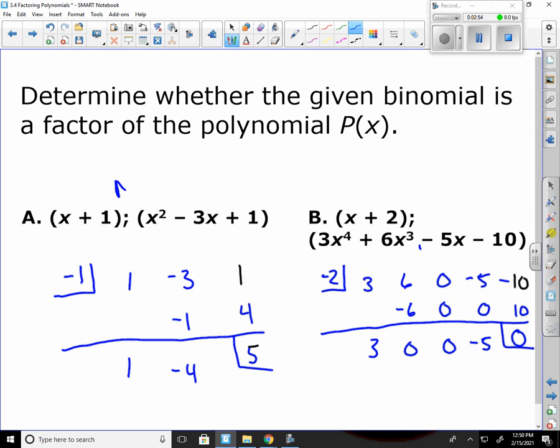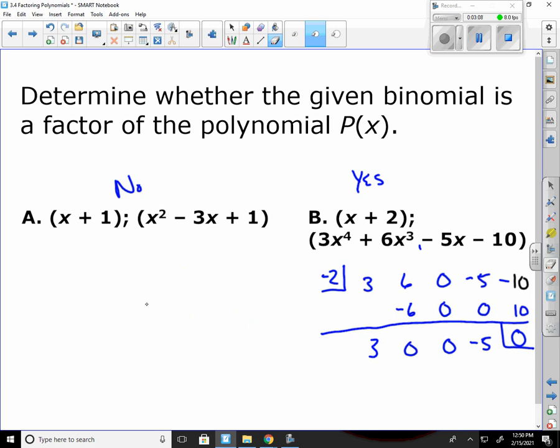So this one was no, because we had a remainder. This one was yes. But we've learned all that in the past. Today, our whole point of learning the remainder theorem is that we can get rid of all of this. It says that if I take -1 from here, we're still switching our sign on it. So this becomes -1, and if I plug it in, I'll find out what my remainder is.